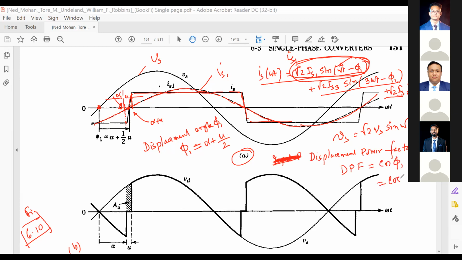That should be cosine of alpha plus U by 2. You understand it? Yes, sir.